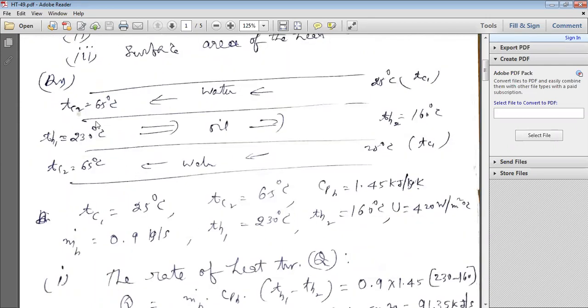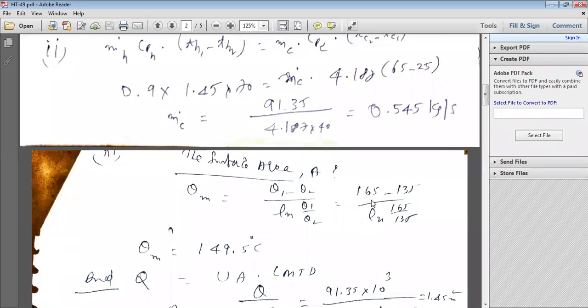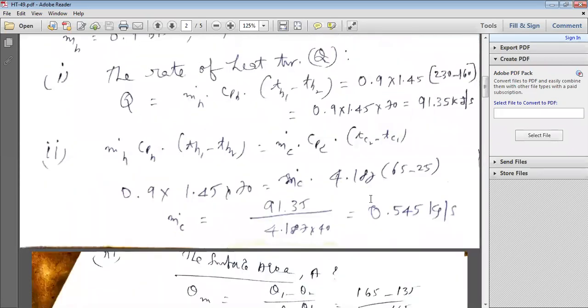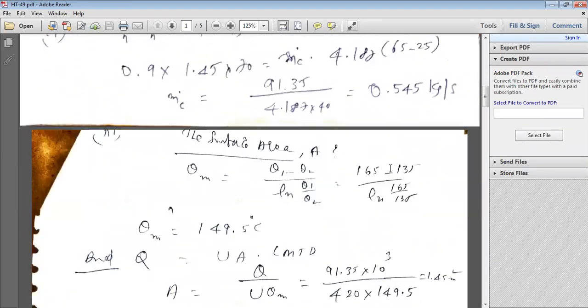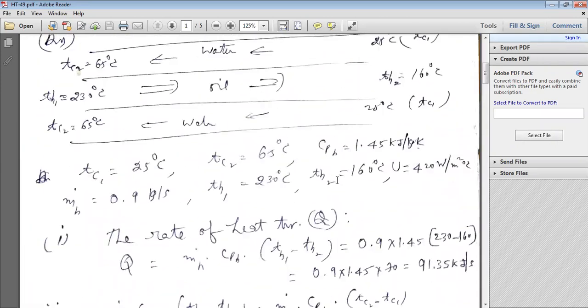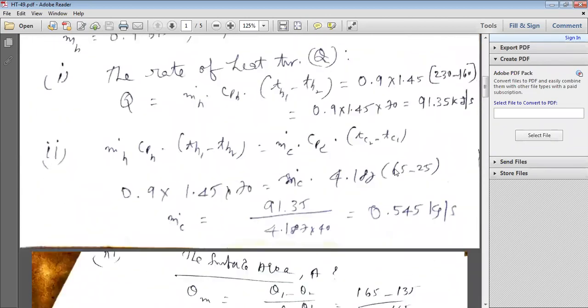So theta 1 is 230 minus 65, that is 165. Theta 2 is 160 minus 25, that is 135. Theta 1 is the temperature difference at the inlet, theta 2 is the temperature difference at the outlet.